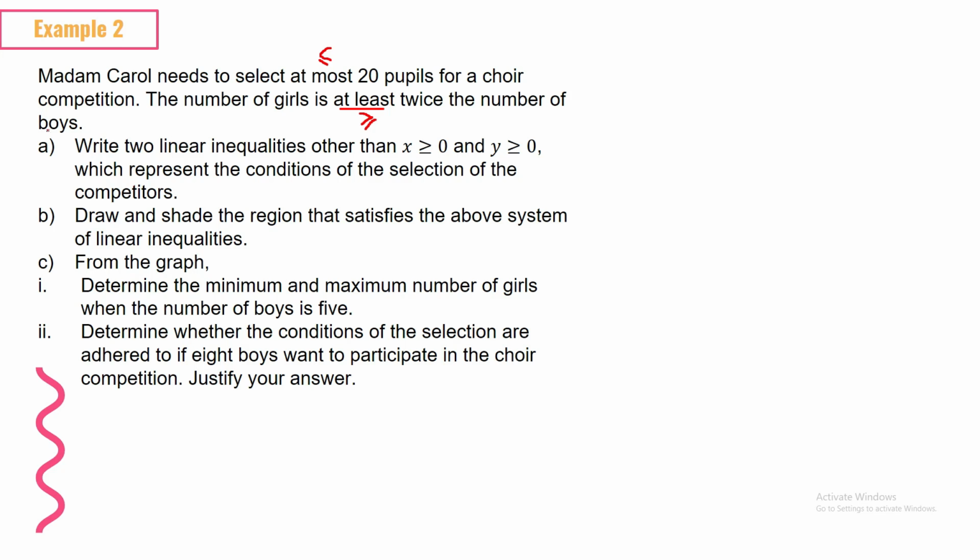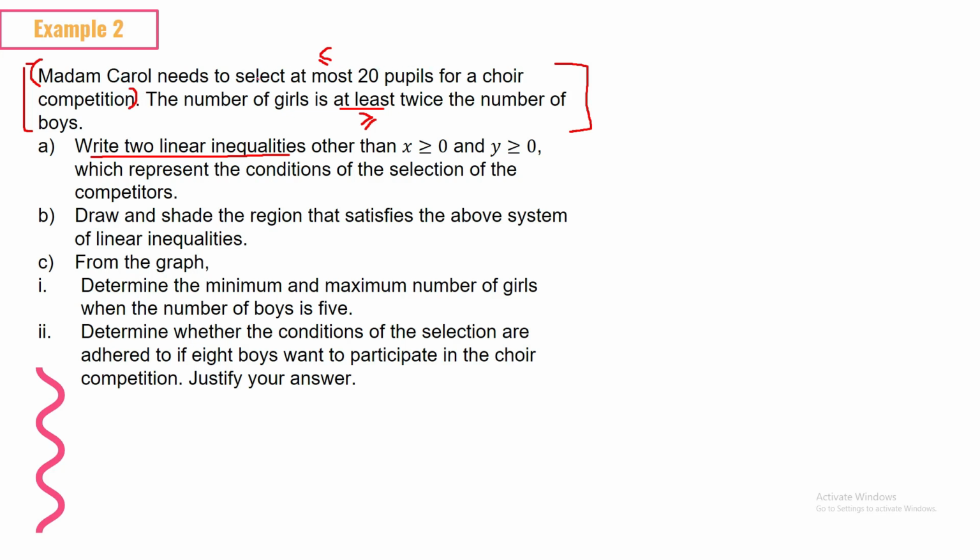First, I'm going to show you the A part. It said that you must write two linear inequalities. So from this statement, we can get two linear inequalities. The first one is this one: Madam Carol needs to select at most 20 pupils for a choir.